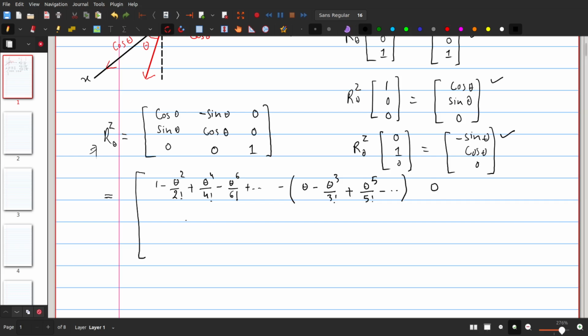Then we have 0. Then again we have the Taylor series for sin theta, then 1 minus theta square by 2 factorial plus theta 4 by 4 factorial minus theta 6 by 6 factorial, and then 0, 0, 0 and 1.